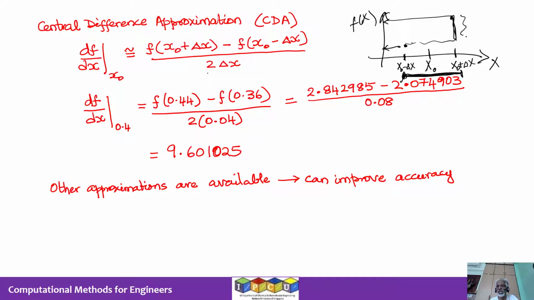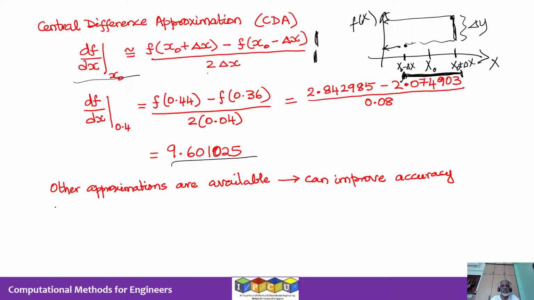This is the amount I gain, which is delta y. Delta y is nothing but f of x naught plus delta x minus f of x naught minus delta x. So this is the overall gain I have in the height. So the height gained divided by the horizontal distance traveled is nothing but the estimate of the slope. So when I put in the numbers, I get the value 9.601.